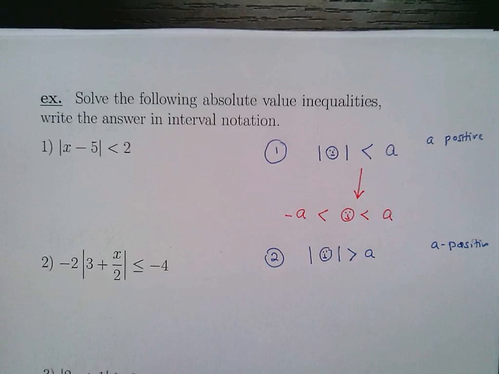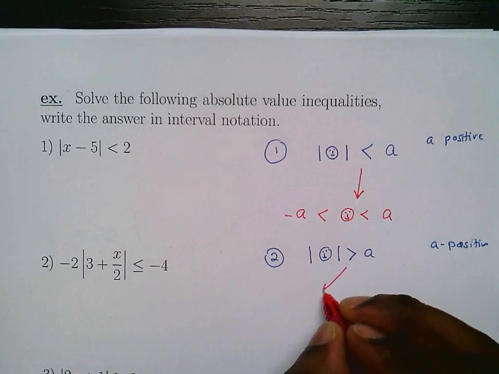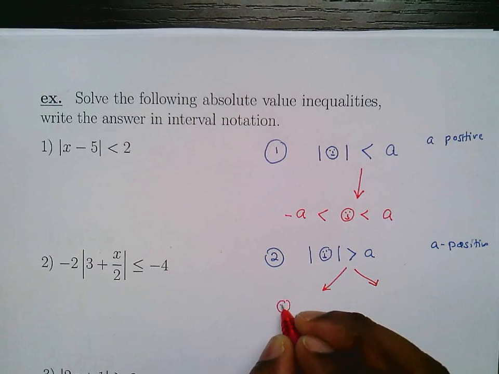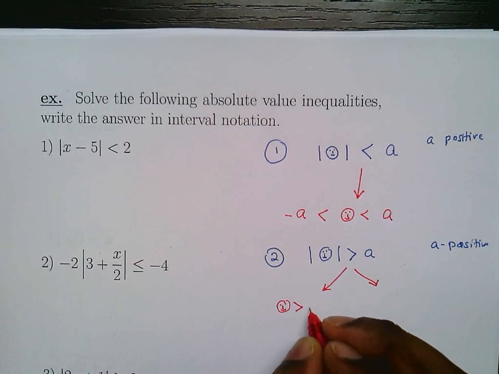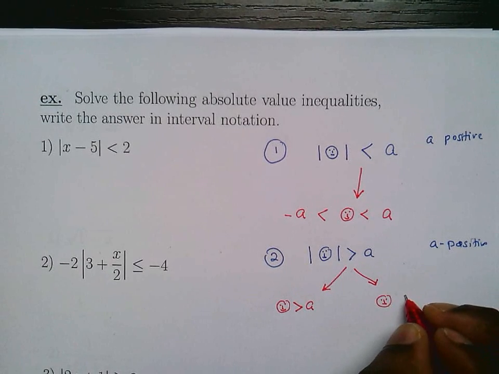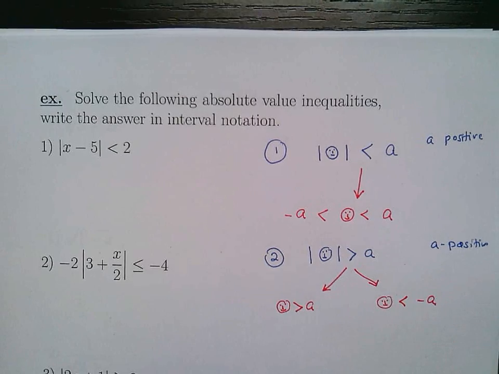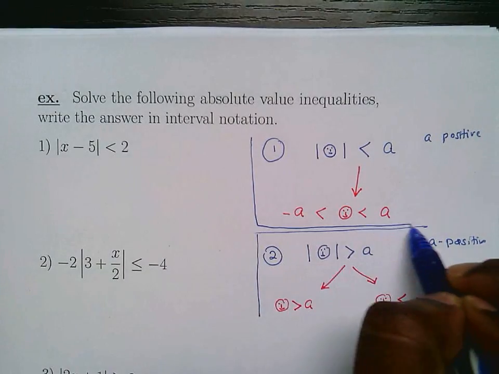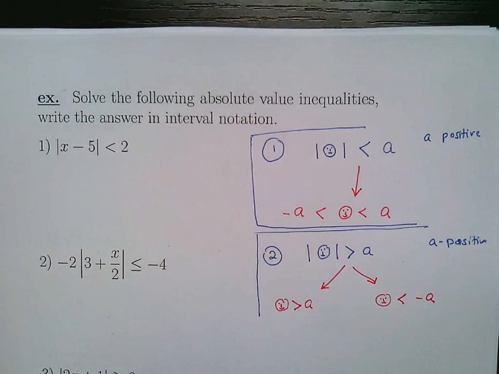And in this situation, the absolute value inequality splits: what you have on the inside is greater than a, or what you have on the inside is less than negative a. So these are the two situations that we talked about in class when solving absolute value inequalities. There are some more examples that have different types, but these are the inequalities we discussed in class.